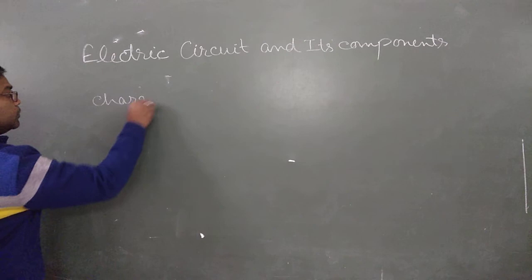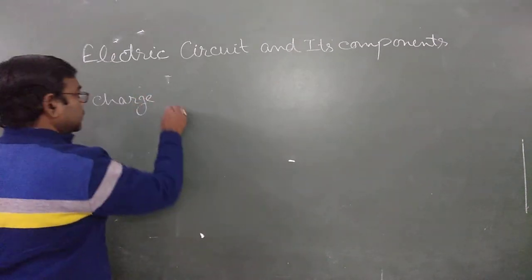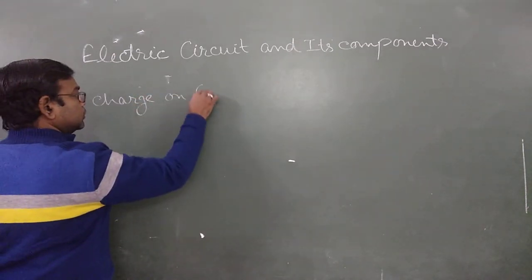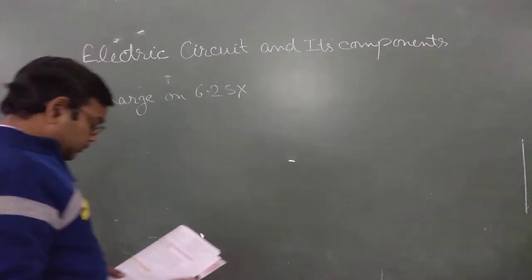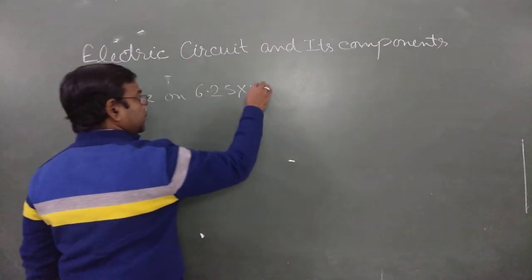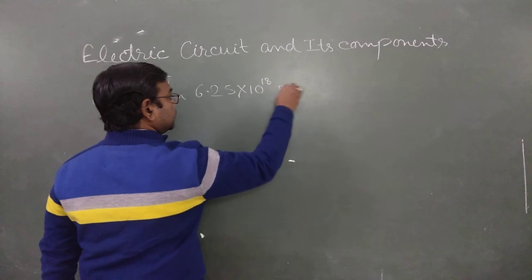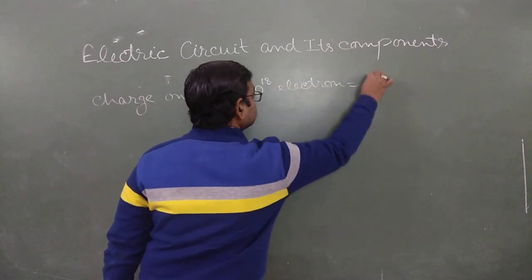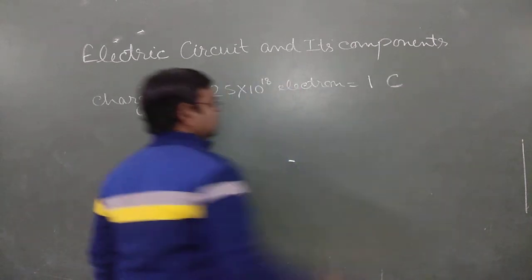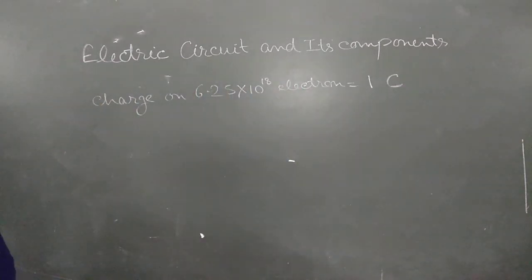As we know from the last discussion, the charge on 6.25 into 10 to the power 18 electrons equals 1 coulomb or 1 C, capital C for coulomb.